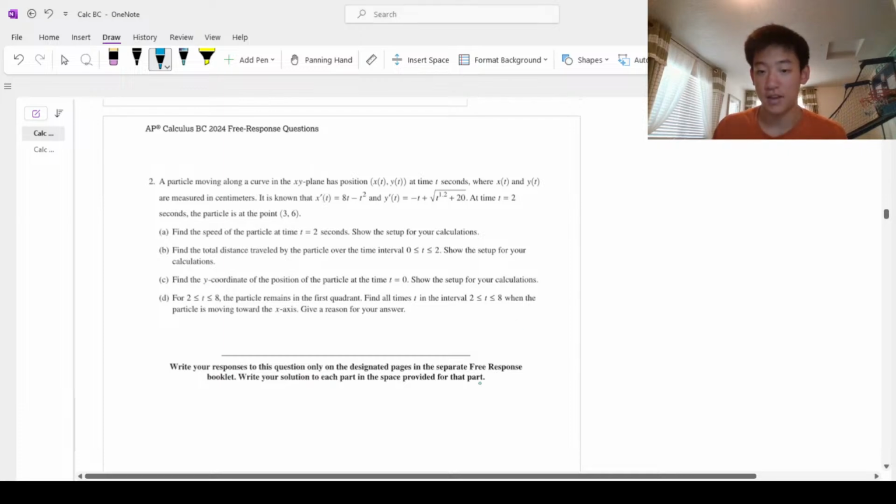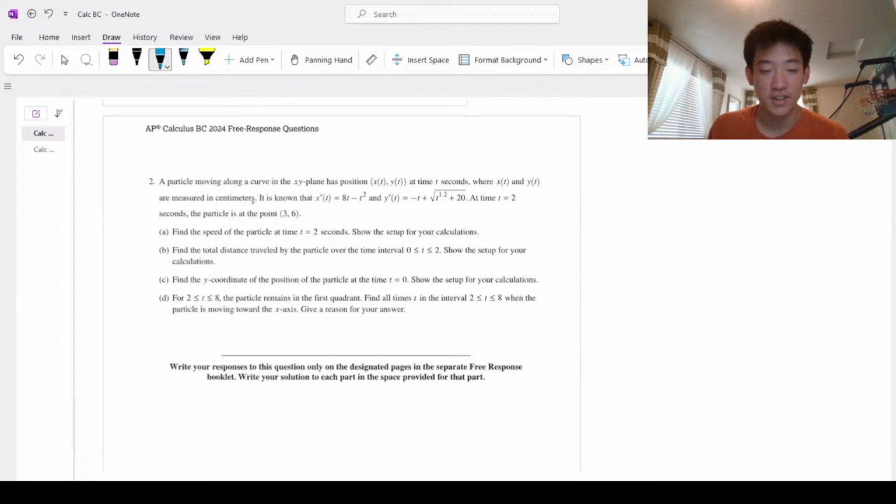Okay, we are back. All right, x of t and y of t are measured in centimeters. It is known that x prime of t equals this and y prime of t. See, they're being tricky. They just give you the straight-up first derivatives.